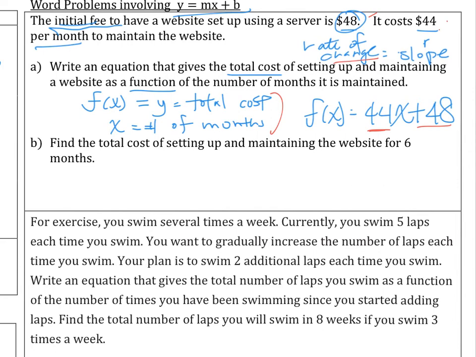Okay? Now part B, find the total cost of setting up and maintaining the website for 6 months. So you can take your function in part A and substitute in x for 6.